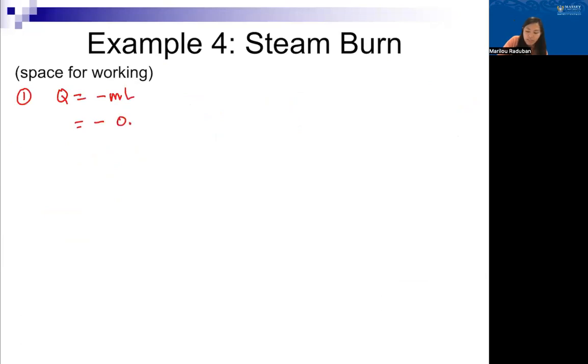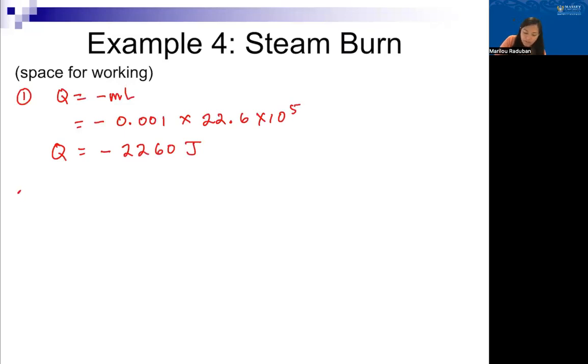The mass of the steam that's being condensed is 0.001 kilograms times the latent heat of vaporization, which is a constant number for steam converting to water. Just doing the calculation, you have negative 2,260 joules for the energy released as steam condenses to water.